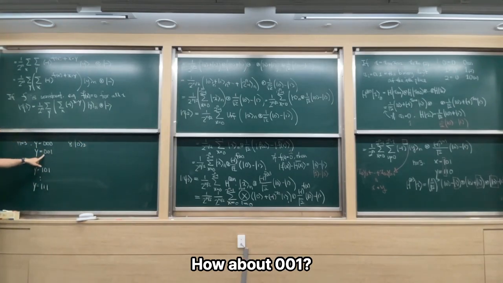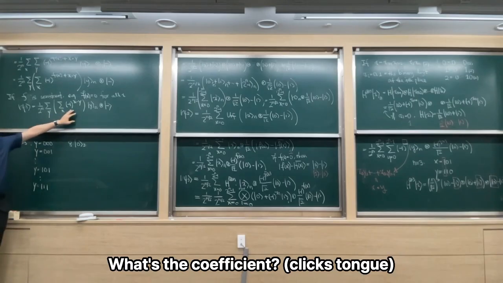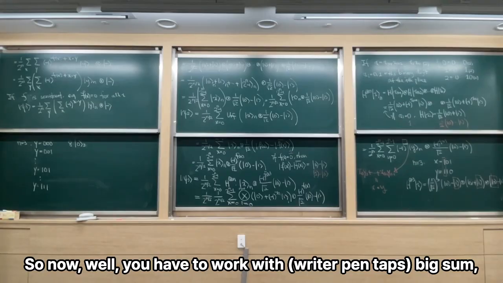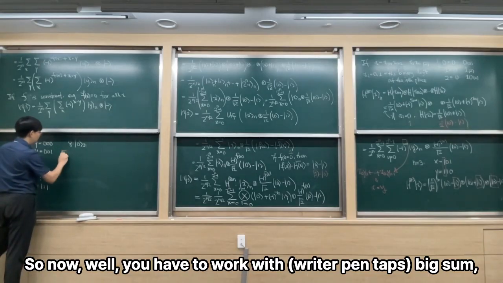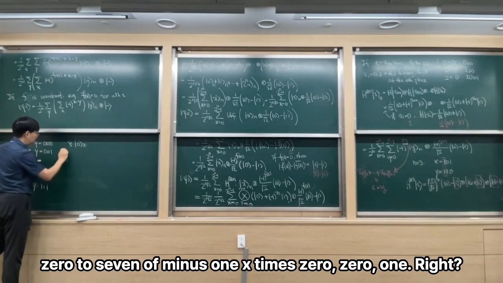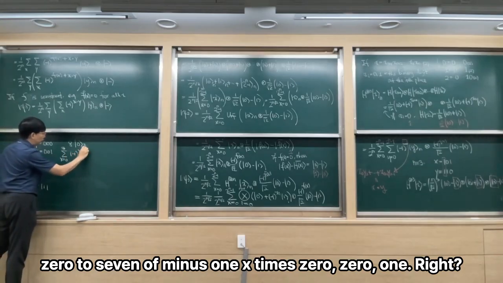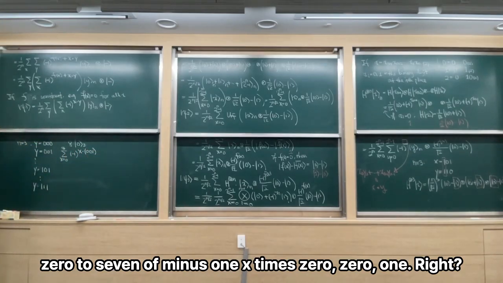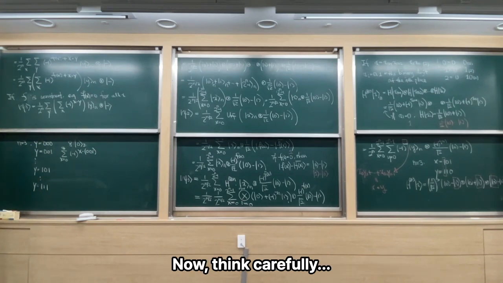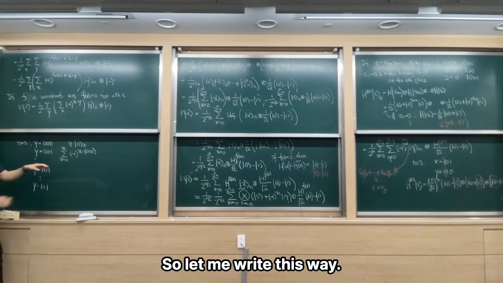How about 0, 0, 1? What's the coefficient? So now, well, you have to work with this big sum, 0 to 7 of minus 1 to the x times 0, 0, 1, right? Now, think carefully. So let me write this way.